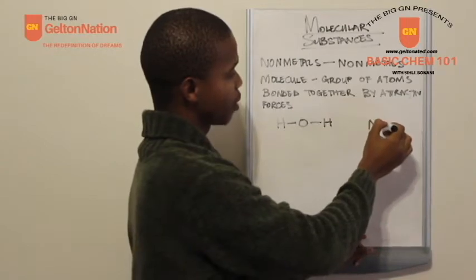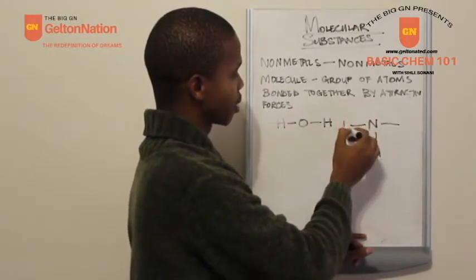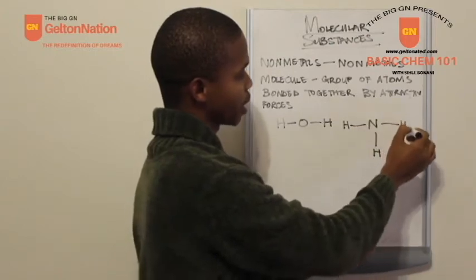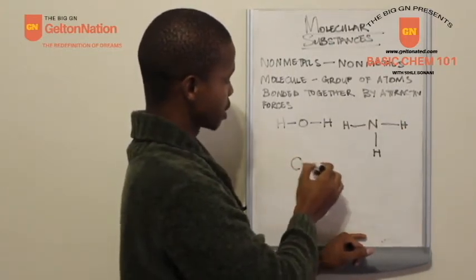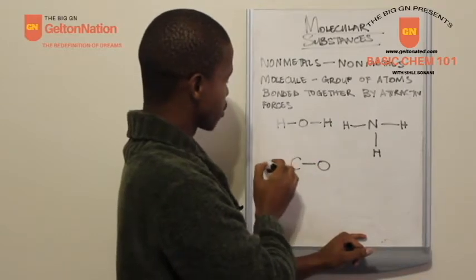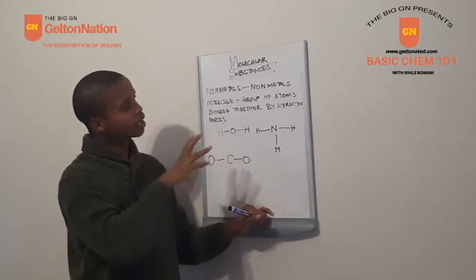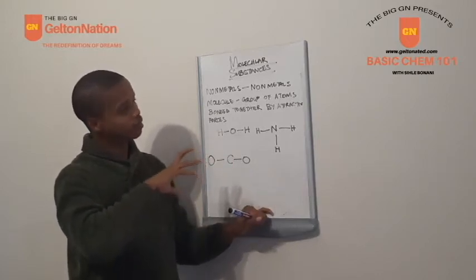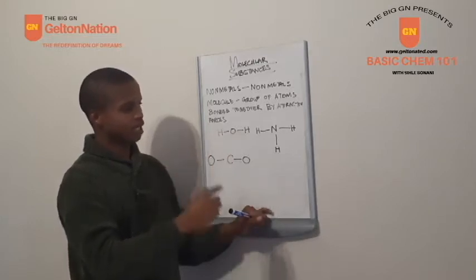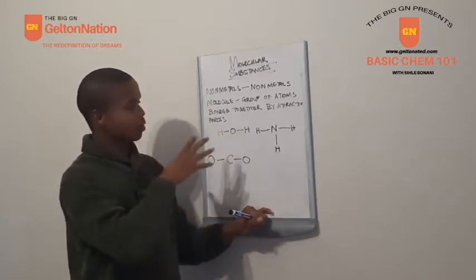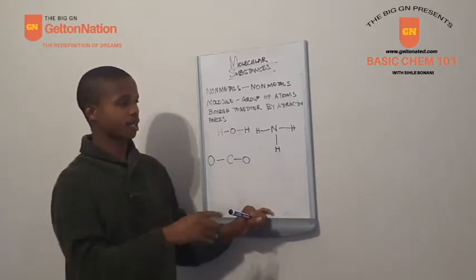If you're talking of ammonia, you'll be talking of ammonia like this. If you're talking of carbon dioxide, you're talking of carbon dioxide, something like this. So there is a way that the bonds form. You can't just write your molecules in any manner that you want to write them in.